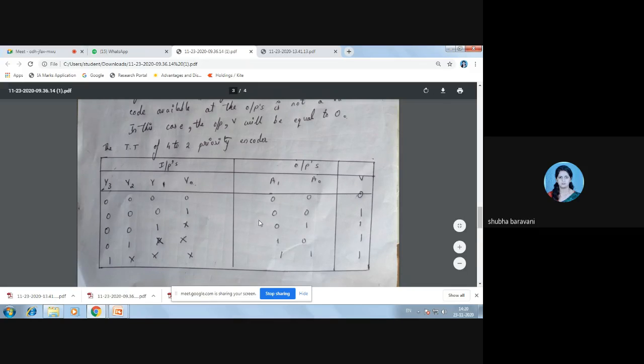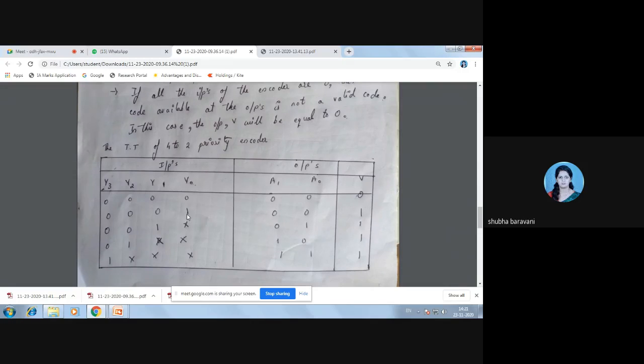However, the code is valid and V will give you 1 if at least one input is high. Two can be high, three inputs can be high, but at least one has to be high. In the second row, 0001 means y0 is 1, so your output should be 00, and you have a valid code 1.